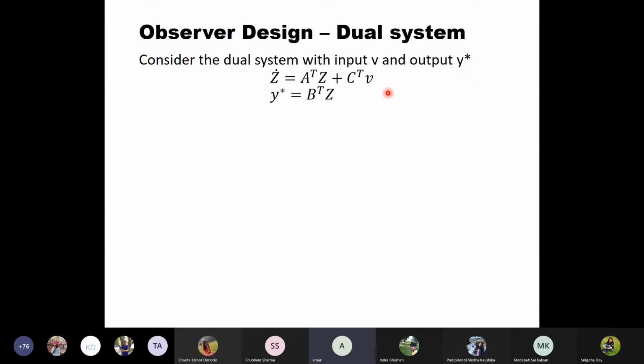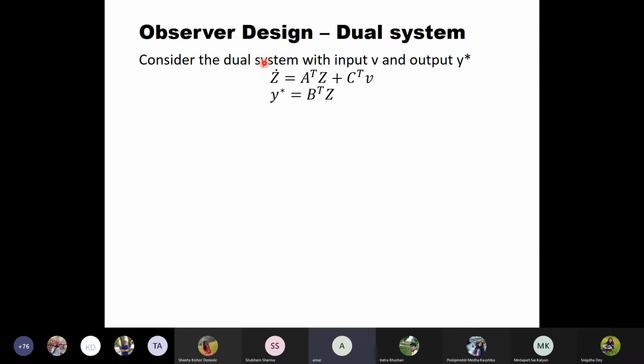The orders of z, v, and y star are the same as the orders of x, u, and y. Also, the matrices involved in the primary system, A, B, and C, are the same. Only the placement of the matrices in the equations changes.